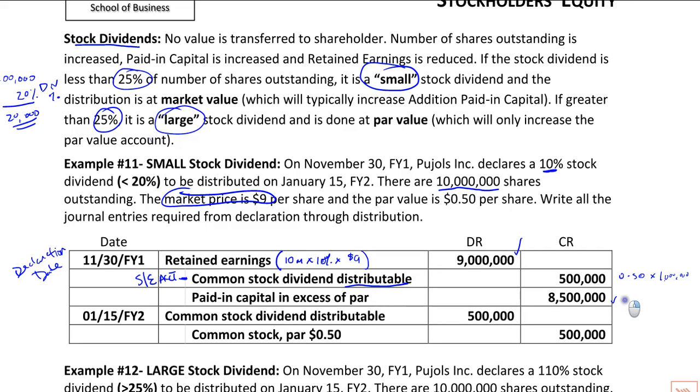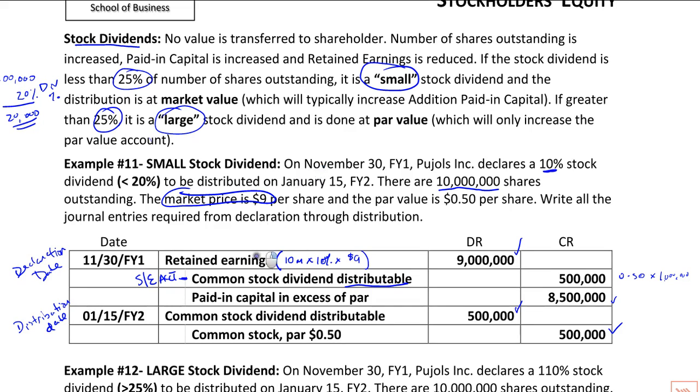On the distribution date, so it's no longer officially a payment date, this is a distribution date. On the distribution date, we remove the distributable and then issue the par value in stock. So what happens?